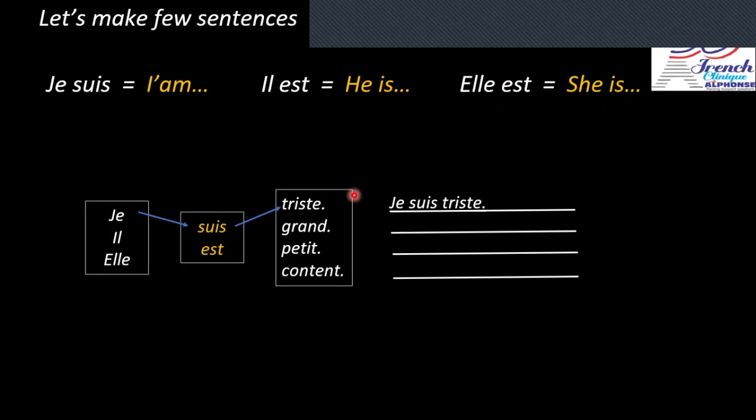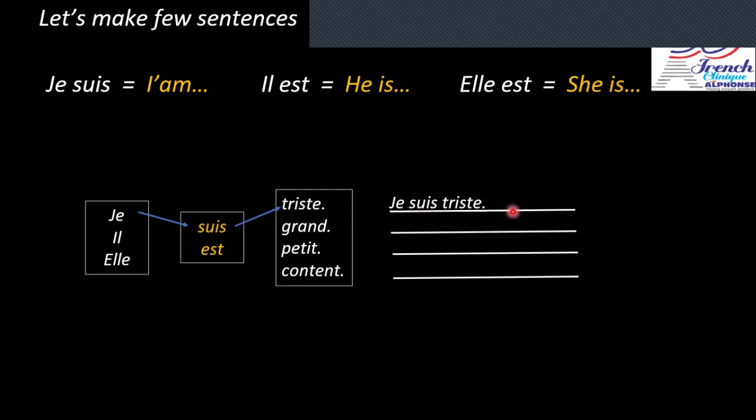So we're going to be using these three pronouns to make sentences today. Je, which means I. Il, which means he. And elle, that means she. Je suis. You can only say je suis. You cannot say je ai. Je suis triste.